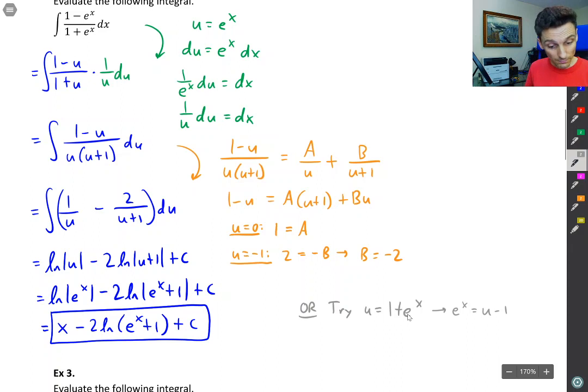One thing is you'd have to then convert the e to the x into a u minus 1 and see how that all plays out. You're still going to have to do some kind of partial fraction decomposition, but it'll look a little bit different, and maybe you like it that way instead. So this is another possibility. A lot of these integrals, as I mentioned, you can do multiple ways.